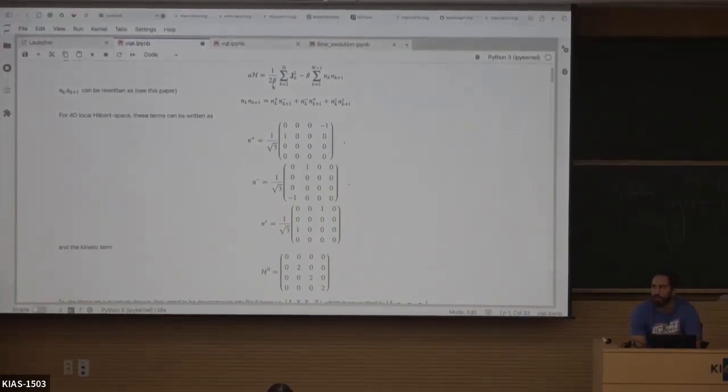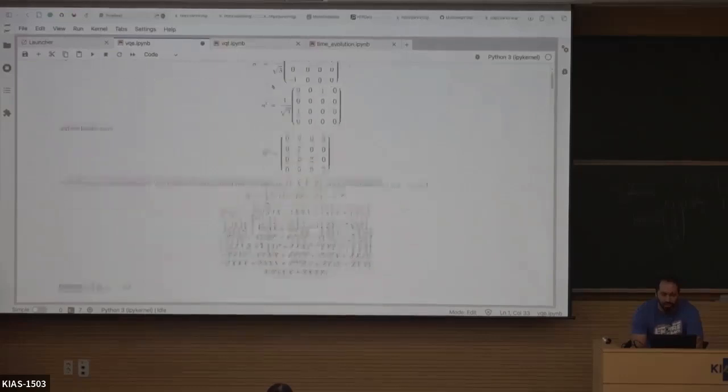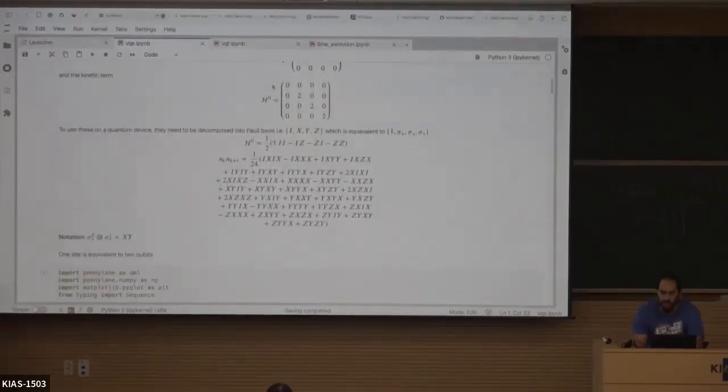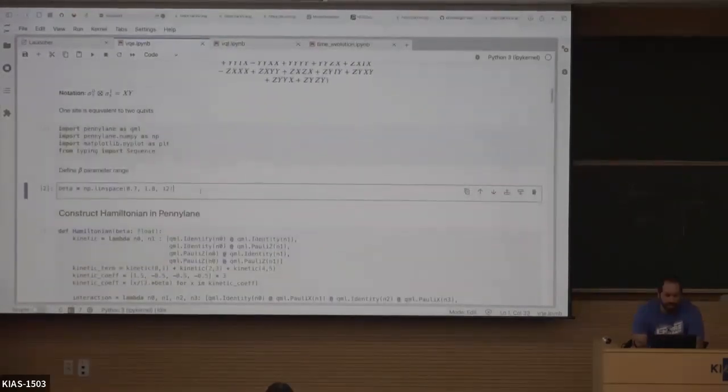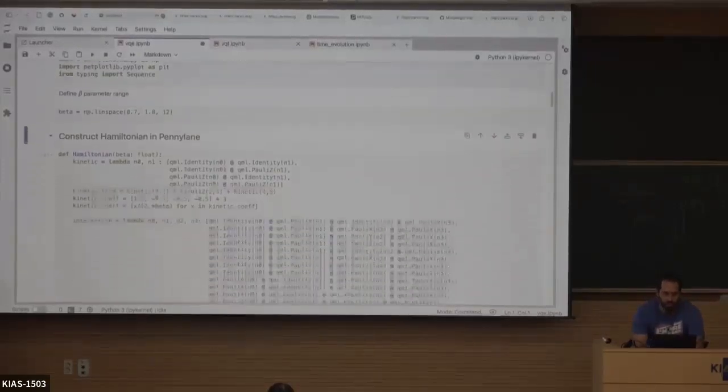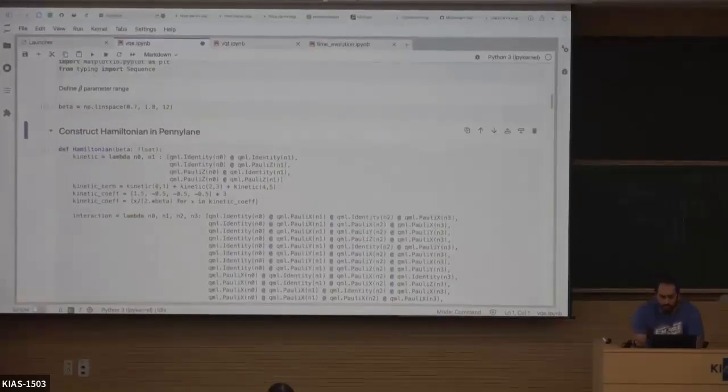It's 1 divided by coupling strength, but whatever. It doesn't matter for this case, you're just learning how to simulate a Hamiltonian, okay? So I'm setting it from 0.7 to 1.8, just as an example. You can simulate it for more if you like. It's totally up to you, but it will take longer if you have more points.